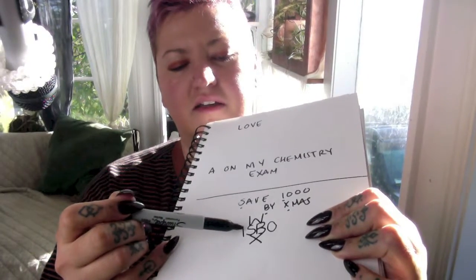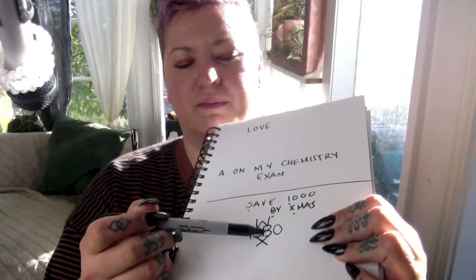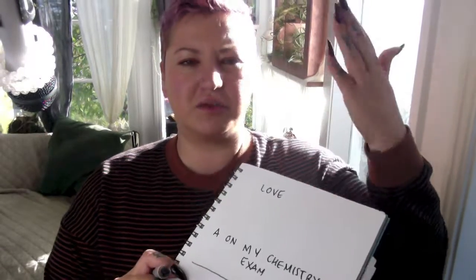So I use the 1 and the SB and a 0. That's going to kind of make up the idea of 1,000, right? And then the S for save, 1,000 by, and then X, and this is actually an M, but it looks like a W. Really, what you want to do is a kind of trick on the mind to just allow yourself to continue thinking about what your goal is.